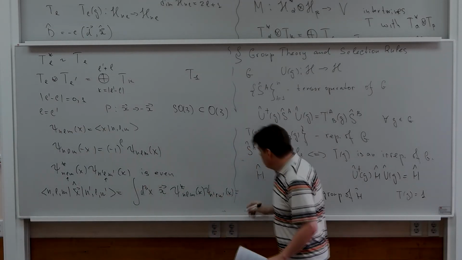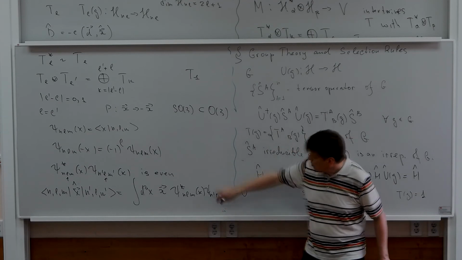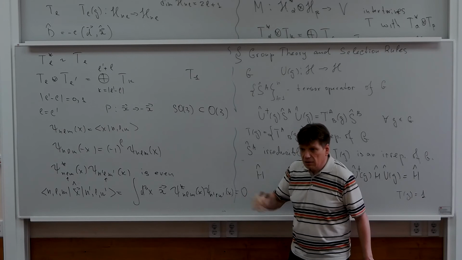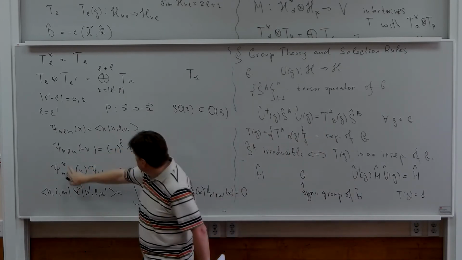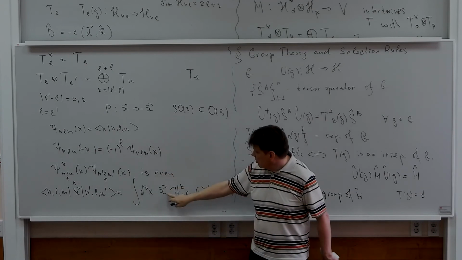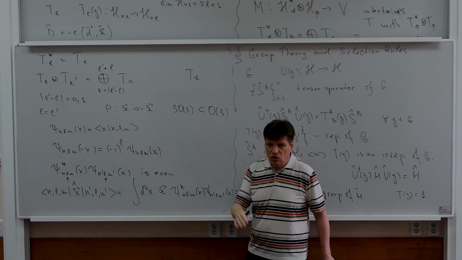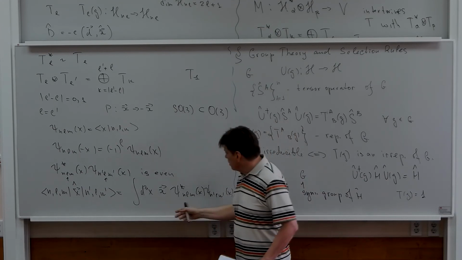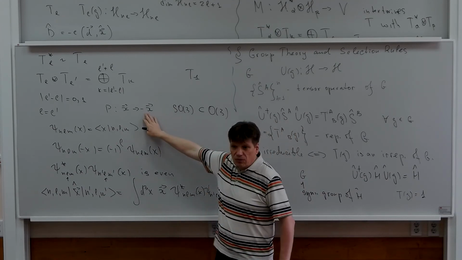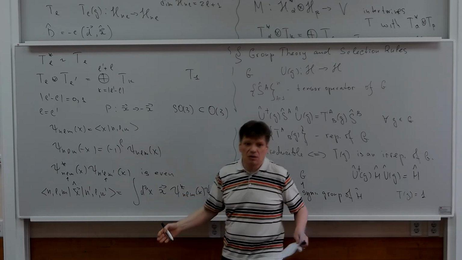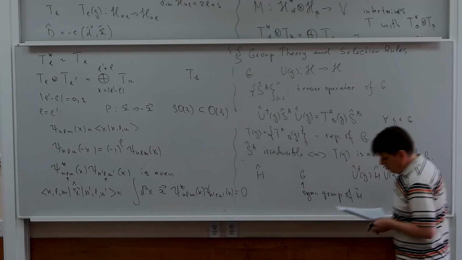This integral must vanish because this product is even under inversions, while this vector x changes sign. So by making a coordinate change in this form, we get that this integral is equal to minus this integral, which means that it actually vanishes.